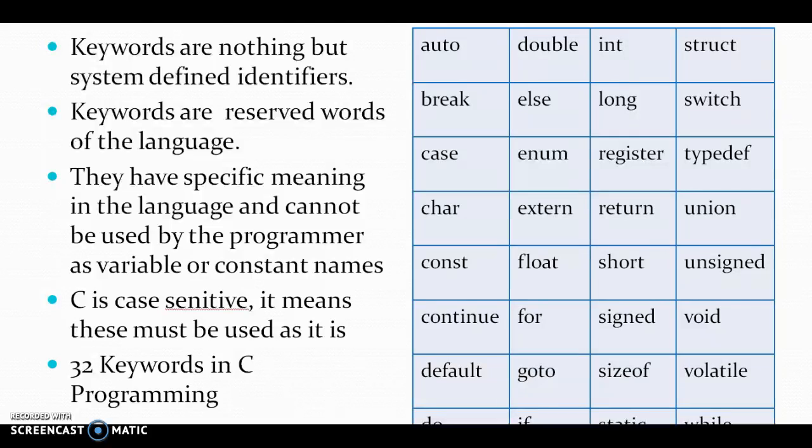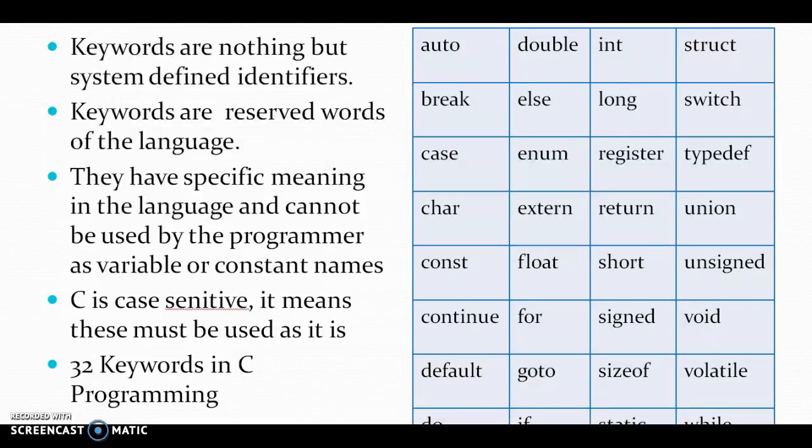Why? Because they are already being used by the programming language, hence he cannot create variables on these. They have specific meaning in the language and cannot be used by the programmer as variable or constant names, as I said.